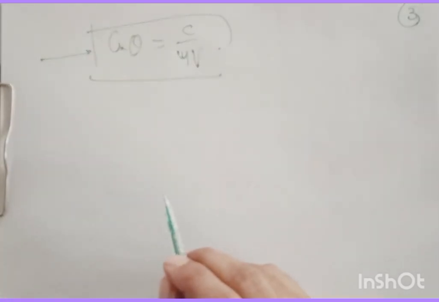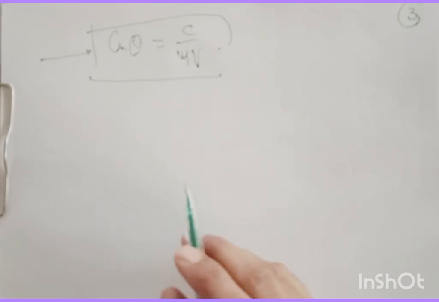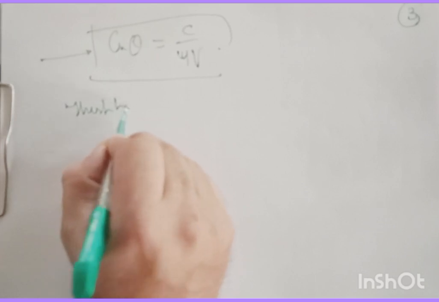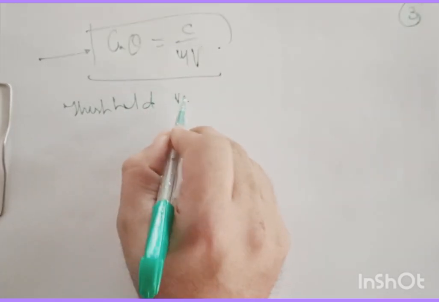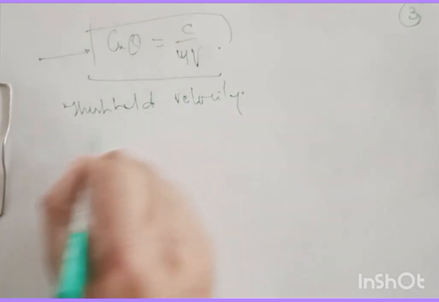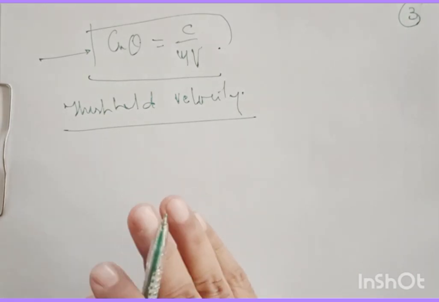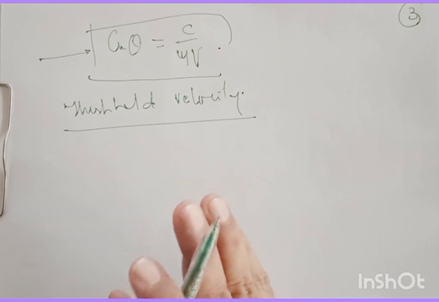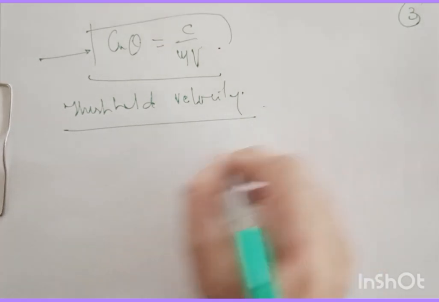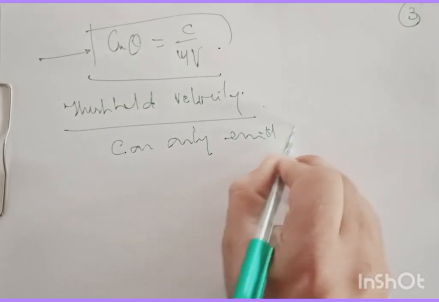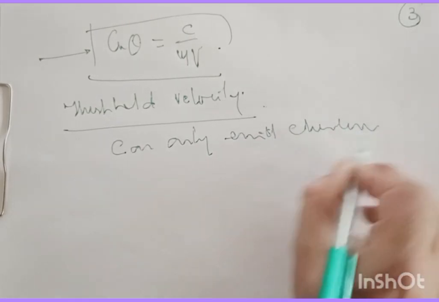Now, a charged particle above the threshold velocity, whose velocity is greater than the threshold velocity, can only emit Cherenkov radiation.